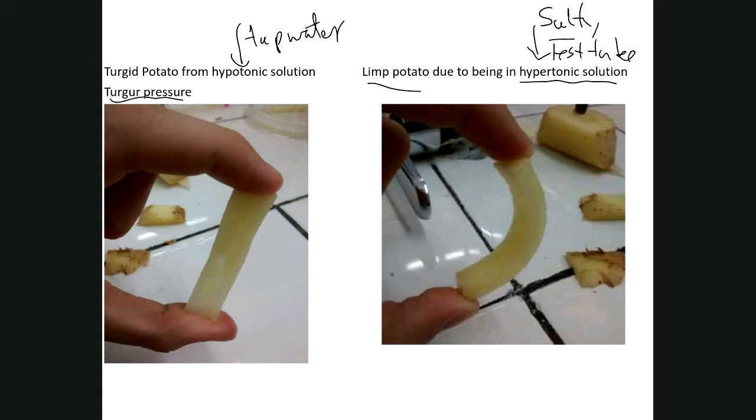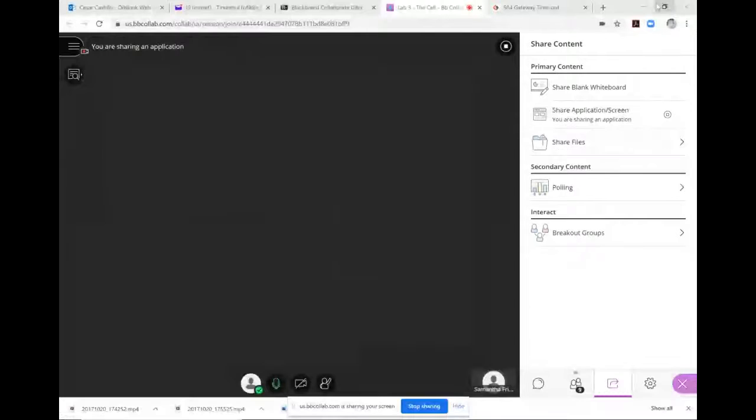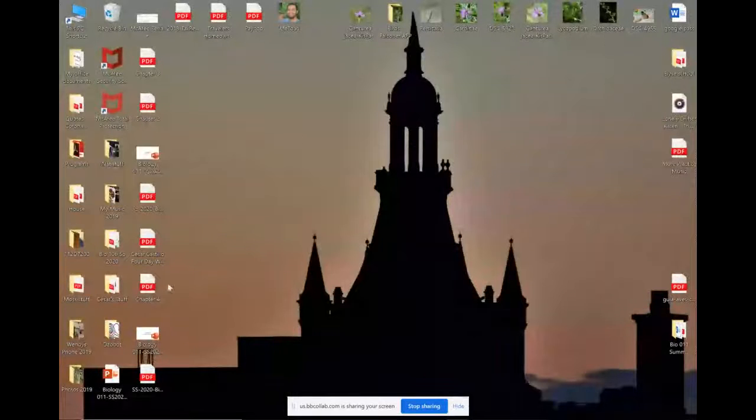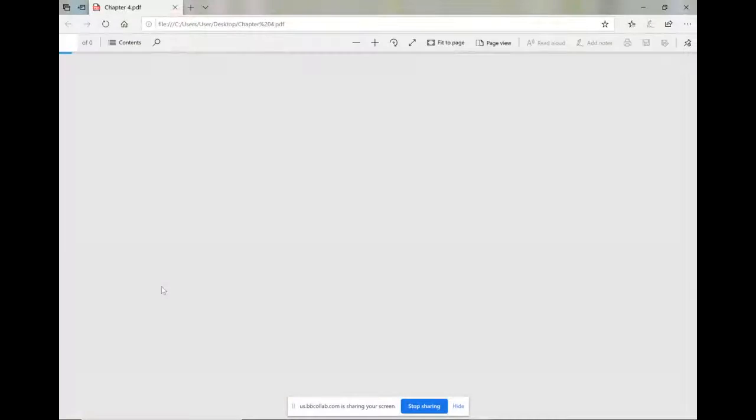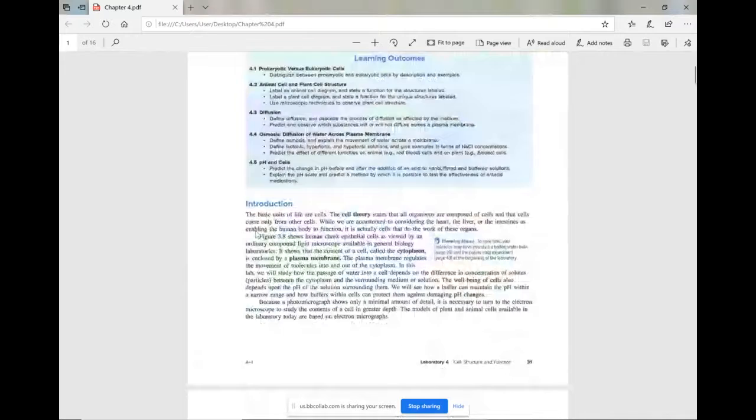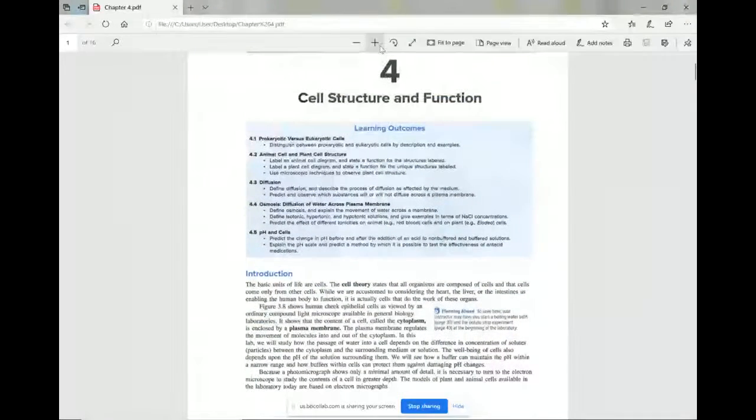All right, so at this point, I want to go into the lab manual itself and go through it very quickly. All right, we're going to share my screen. Okay, here we go.